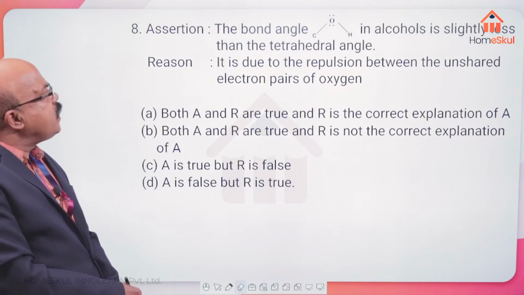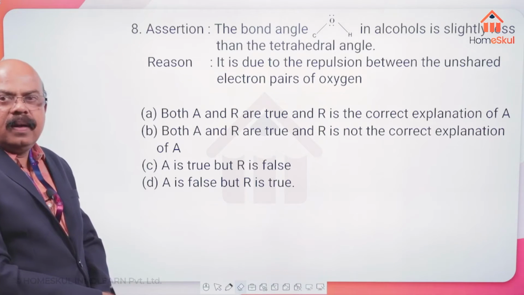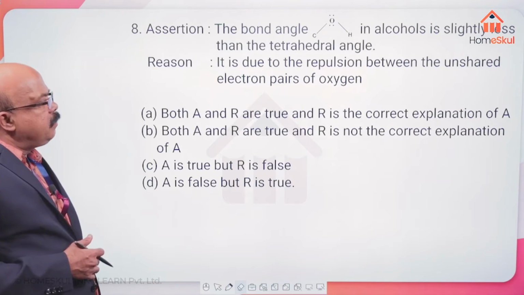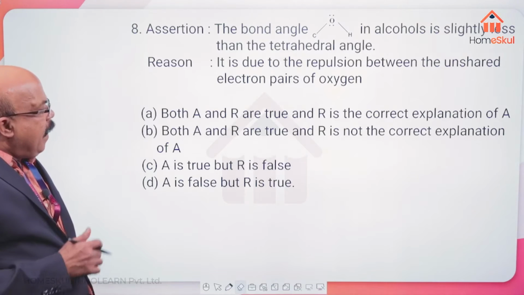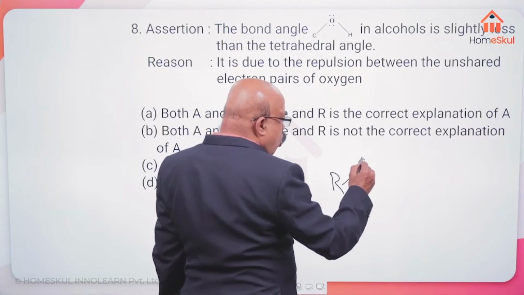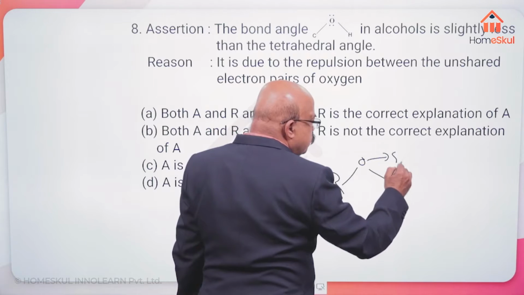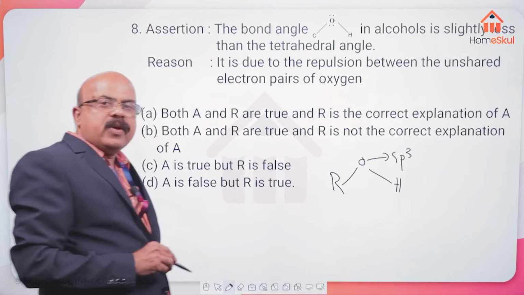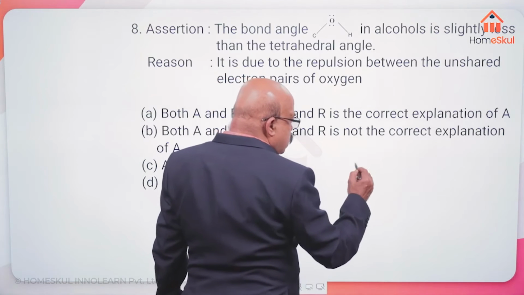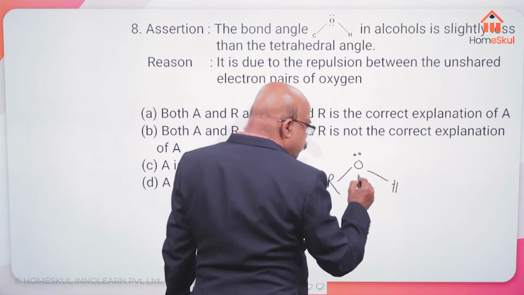The first assertion is given as: the bond angle COH in alcohols is slightly less than the tetrahedral angle. In alcohols, ROH, the oxygen atom is sp3 hybridized, so it should have a tetrahedral structure. In alcohol, the oxygen atom has two lone pairs.